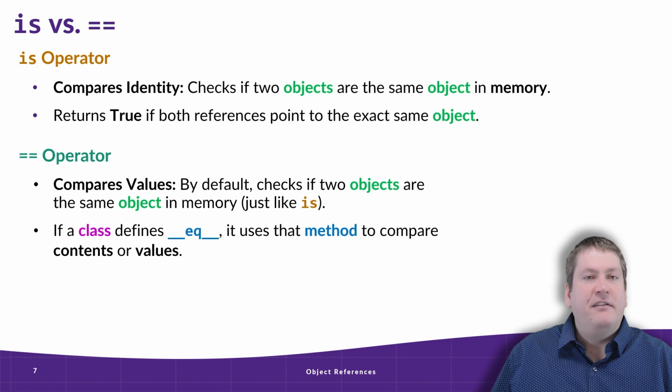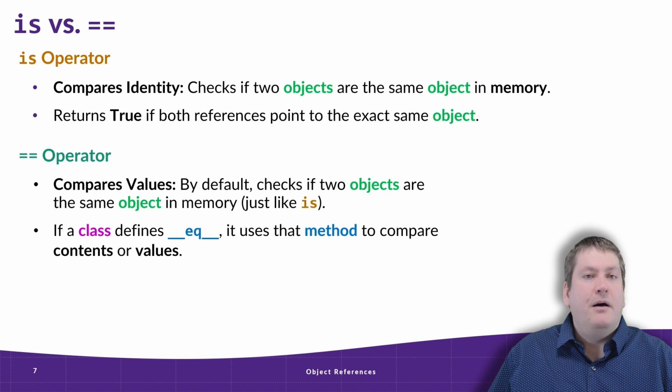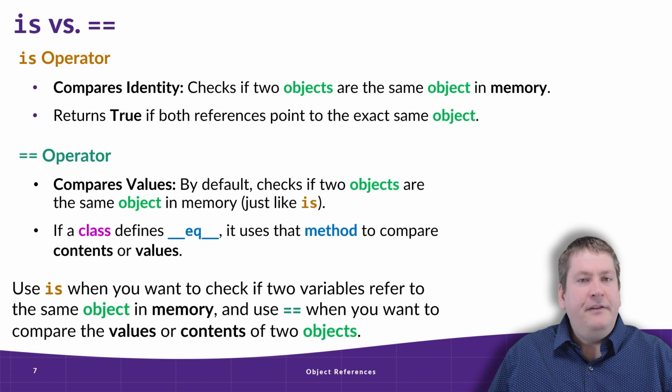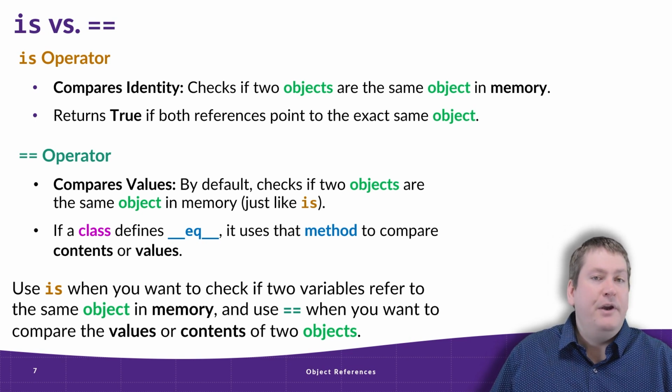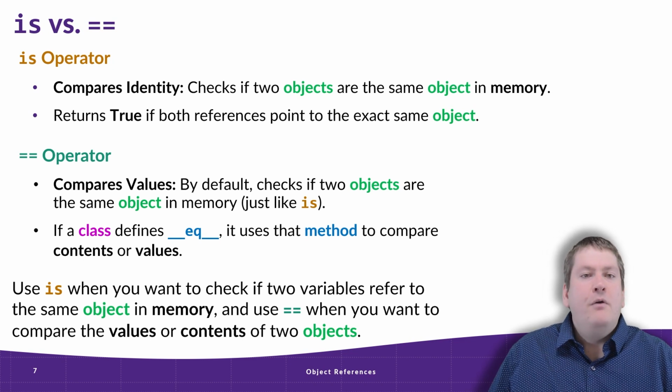We can have two instances of dog, for example, that have the same name and the same breed, but that doesn't make them the same object. There'd still be two distinct objects in the computer's memory. So use is when you want to check if two variables refer to the same object in the memory, and use equals equals, or the equality operator, when you want to compare the values or the contents of the two objects.